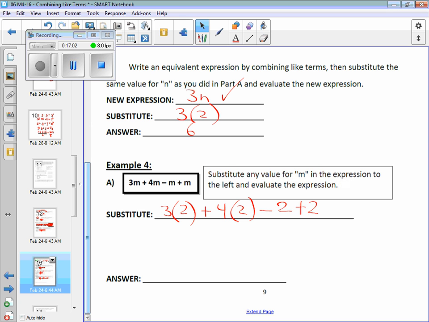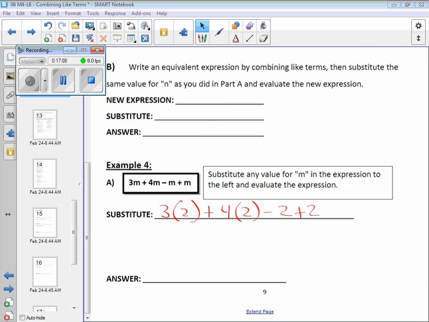Left off. When you now do this, be conscious of your order of operations. What do you have to do first here? Yeah. Okay, but in our parentheses, technically the parentheses is a substitution.